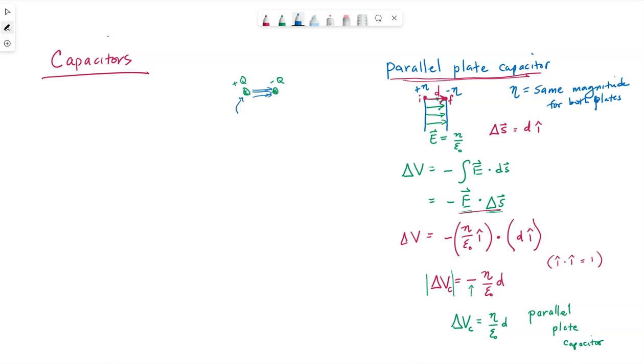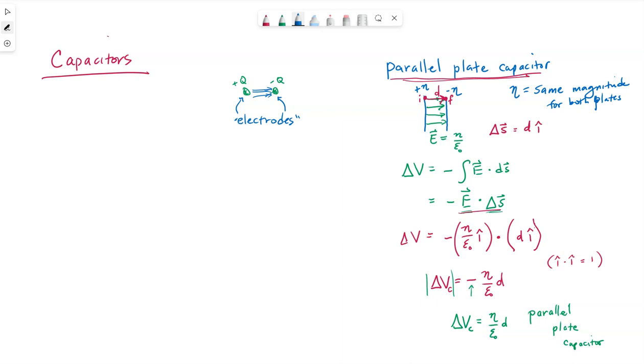A generic term for plates or little spheres is electrodes. So we would have a positive electrode and a negative electrode. You're going to see that terminology once in a while throughout the book as well as throughout our homework. So just be familiar with that.